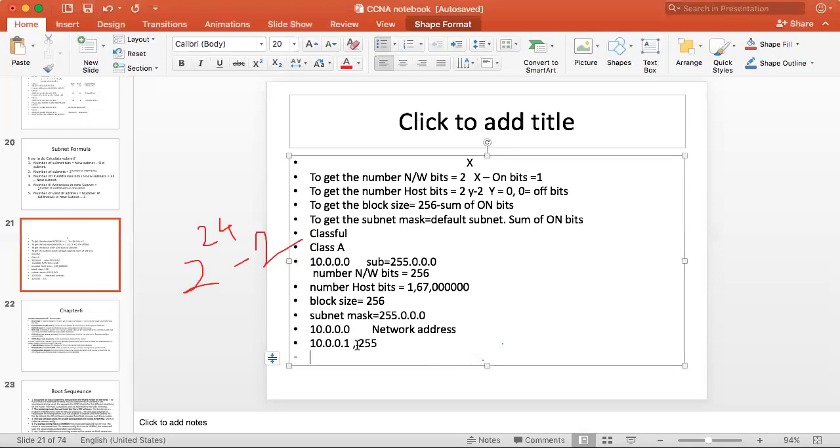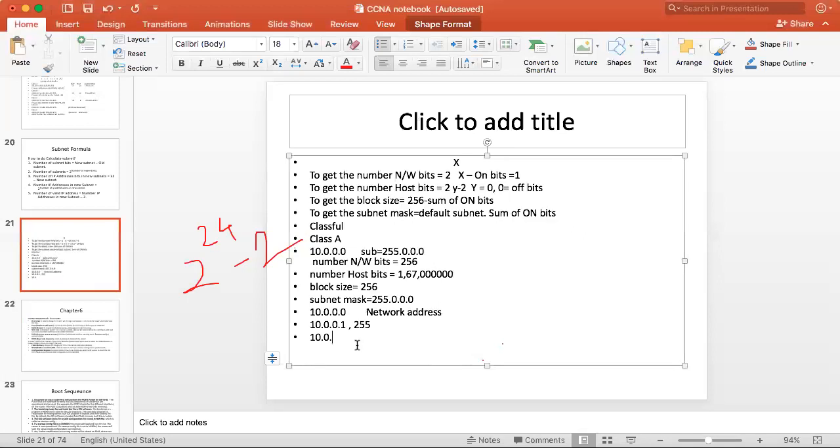So it will go till 255, and then it will become 10.0.1.1. Would it be 1.0? No, 1.0 won't be used. So 1.1, and then again it will go till 255, and then again it will become 10.0.2.1, and then again go till 255.